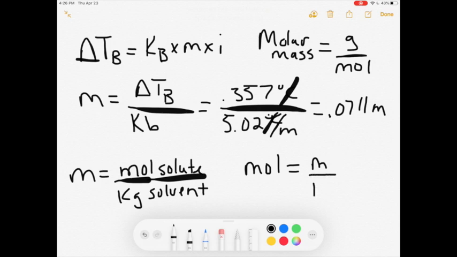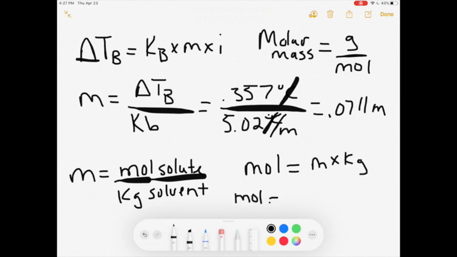Molality divided by kilograms. So my molality is 0.0711, multiplied by kilograms, my bad, multiply by kilograms.